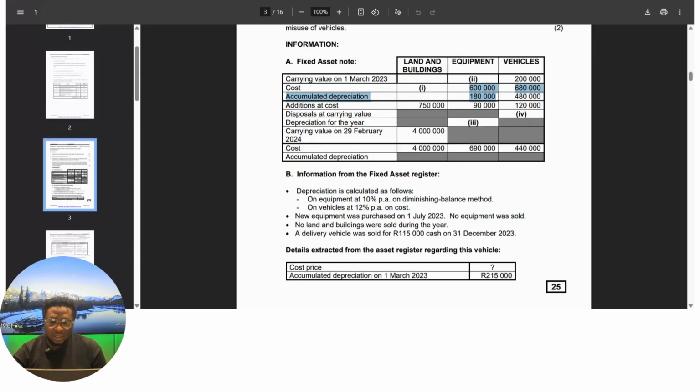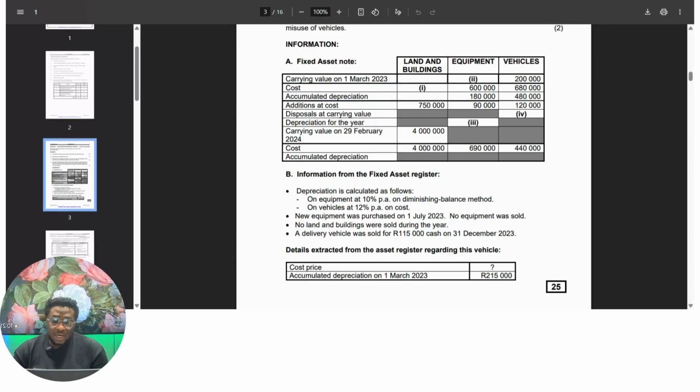Let's look at the method. It says 10% on the diminishing balance method, and you know the diminishing balance method, right? For the old equipment, we take the cost minus the accumulated depreciation, which is 600,000 minus 180,000, giving us 420,000.